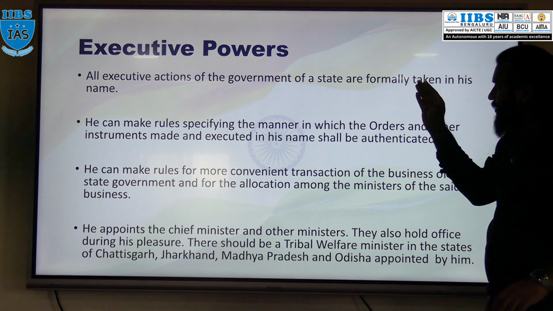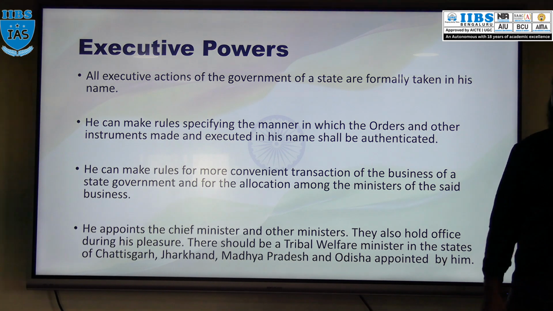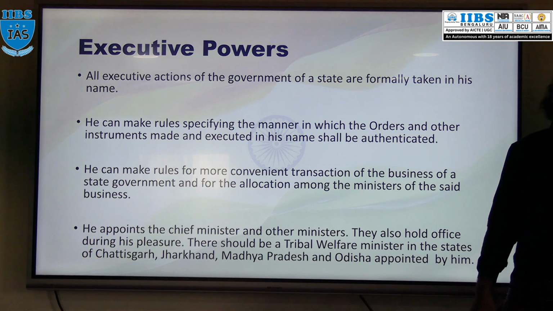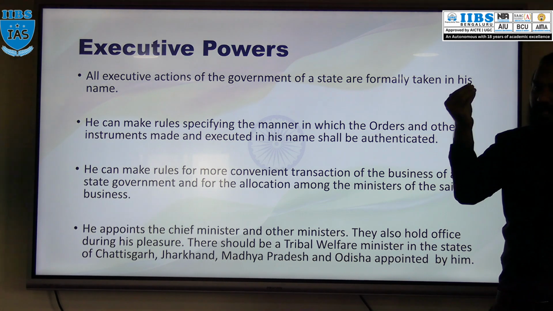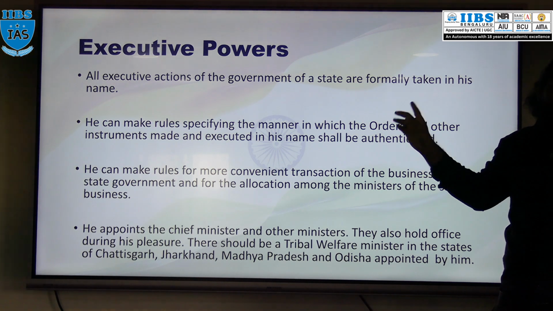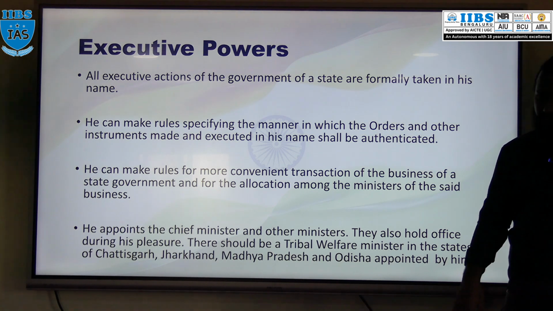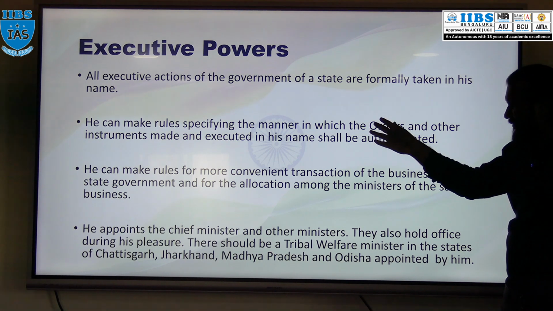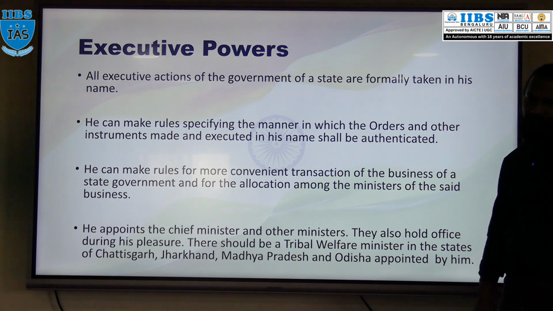Now, executive power. All the executive action of the state government will be in the name of the governor, or all the executive power of the state government is vested in the governor, and it is the governor who can make the rules specifying the manner in which orders and other instruments are executed.